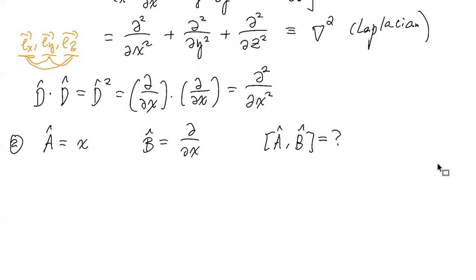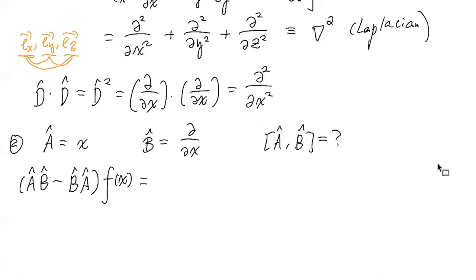The quantum bracket, or the commutator, is defined as AB minus BA, right? Then, if you apply this on any function f of x, if we just consider the one-dimensional case, since both the operators A and B are one-dimensional.